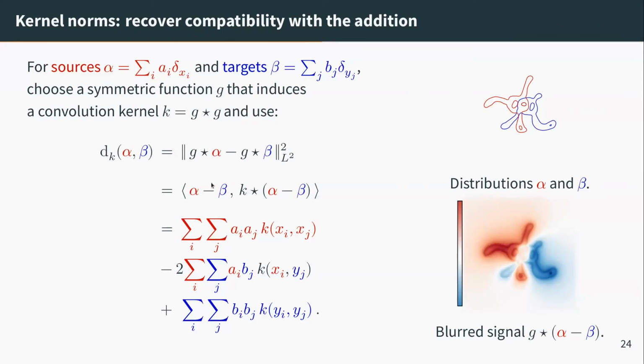Okay, so it's something that you prove by doing a change of variables. The only thing that matters to us is that this expression can be expressed as the sum of 3 double sums.